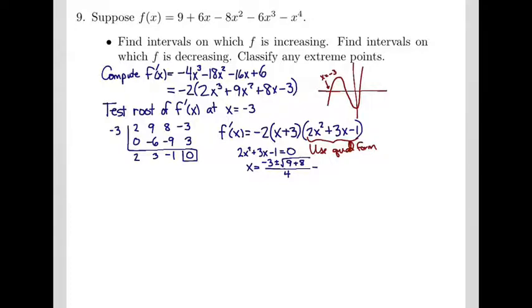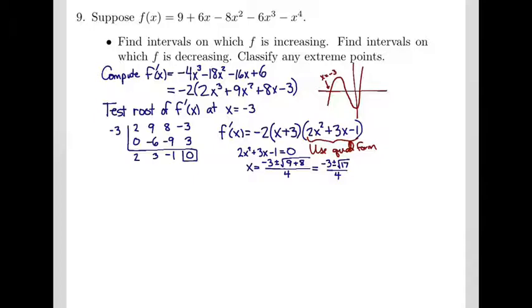And so my other two roots are these interesting points, -3 plus or minus the square root of 17 divided by 4. So they don't look like simple numbers, but yet they're still my roots.